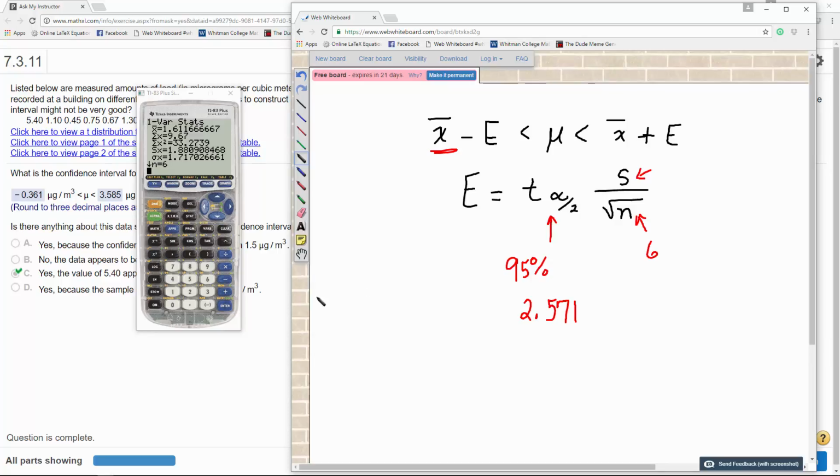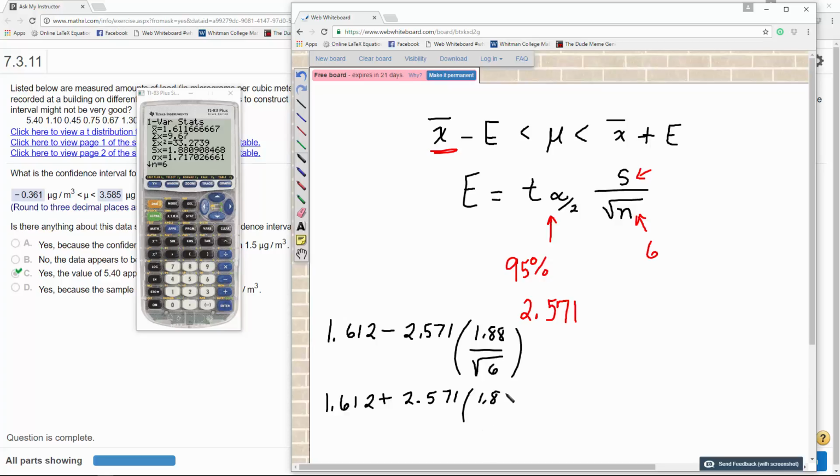So again, my mean is 1.612 minus my error, 2.571 times my standard deviation 1.88 divided by the square root of 6. So that will be my lower, and then the upper will look just like it except you add. 2.571 times 1.88 over the square root of 6.